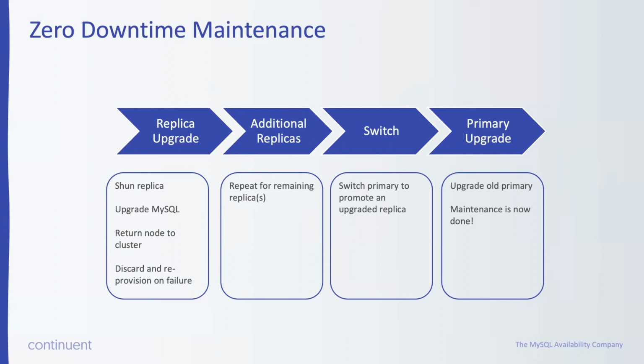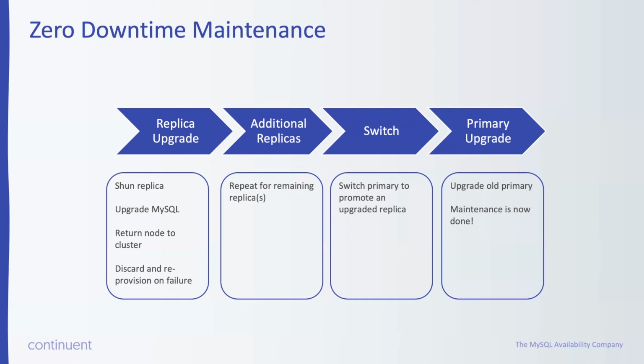And if for some reason there's an error, we can just discard that node and reprovision it in a couple steps. But assuming most MySQL upgrades do go pretty smoothly, now our replica is upgraded. So we repeat that process for the other replicas in our cluster until finally our primary now is on the old version, but all the replicas are on the new version.